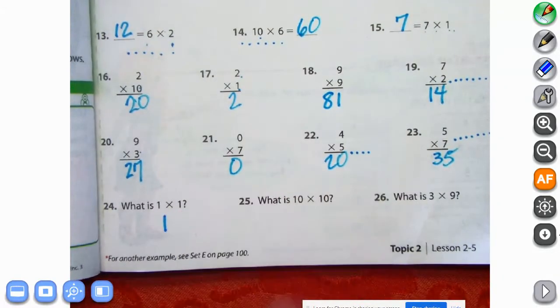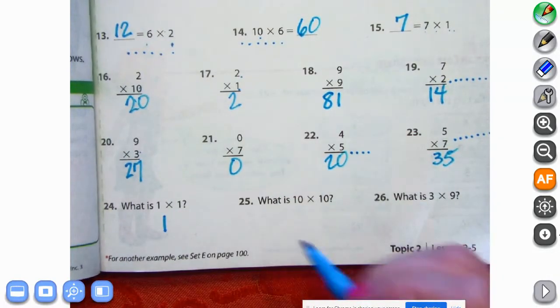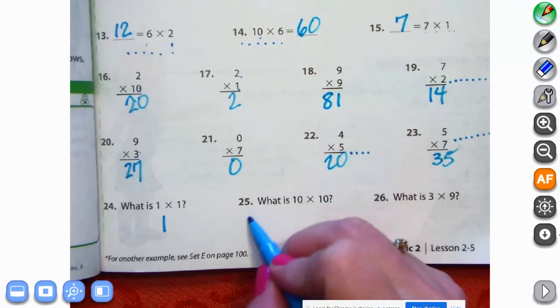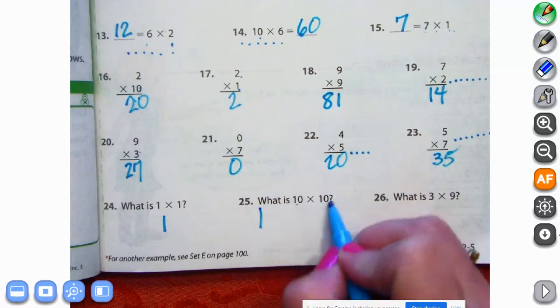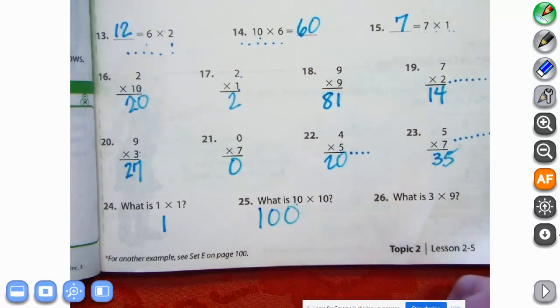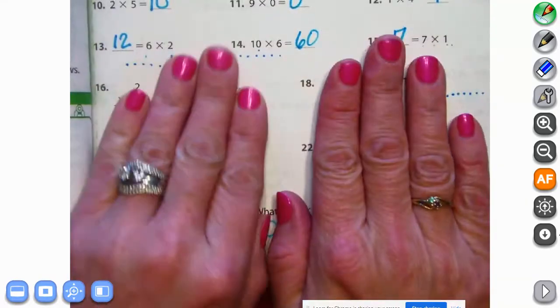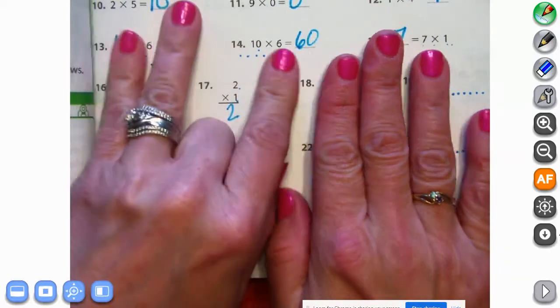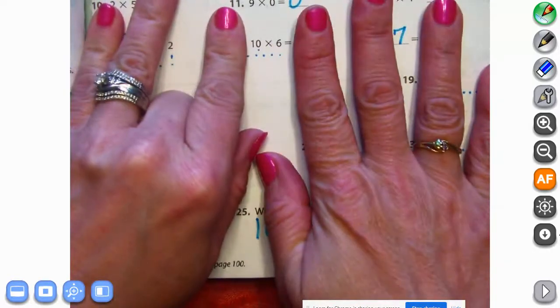We know that's 1. What is 10 times 10? Well, we take the 1 times the 1, and then we add both of the zeros. What is 3 groups of 9? Again, 1, 2, 3. Put the third finger down. 27.